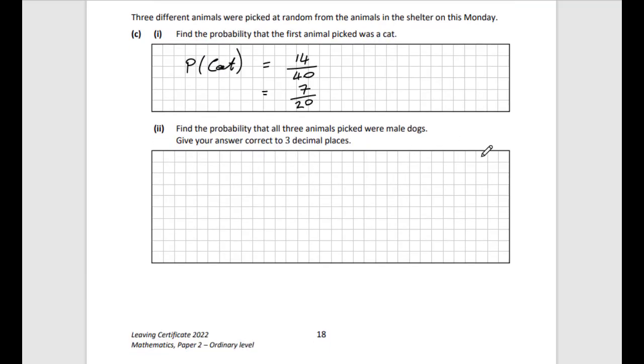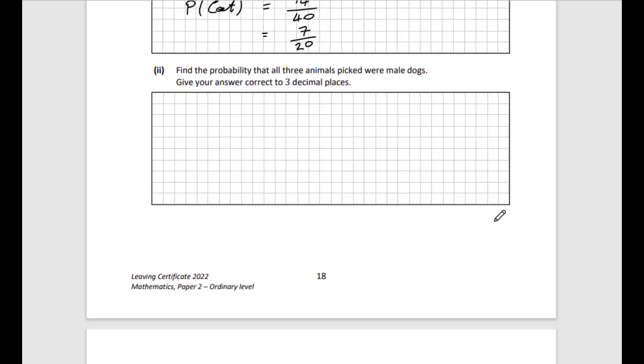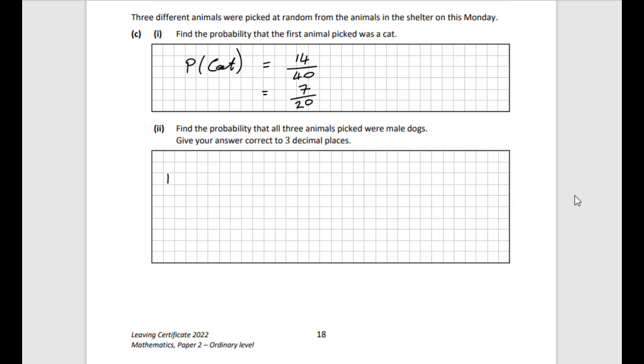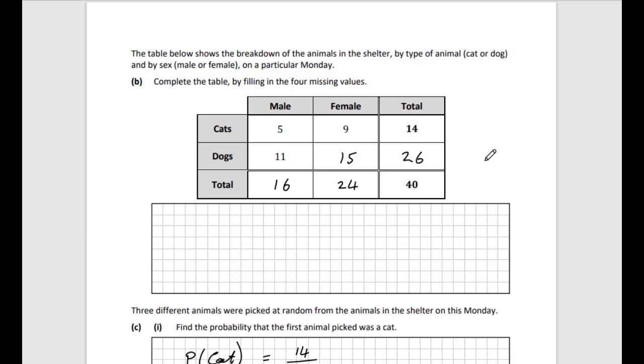Okay, find the probability that all 3 animals picked were male dogs. So 3 different animals were picked at random from the animals in the shelter on this Monday. Find the probability that all 3 animals picked were male dogs. So that's going to be equal to the probability that the first one was a dog.